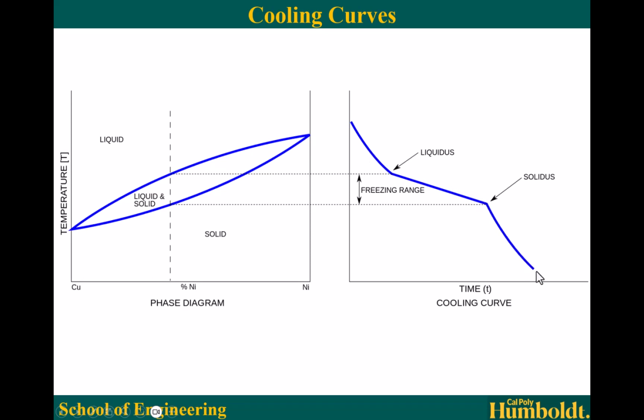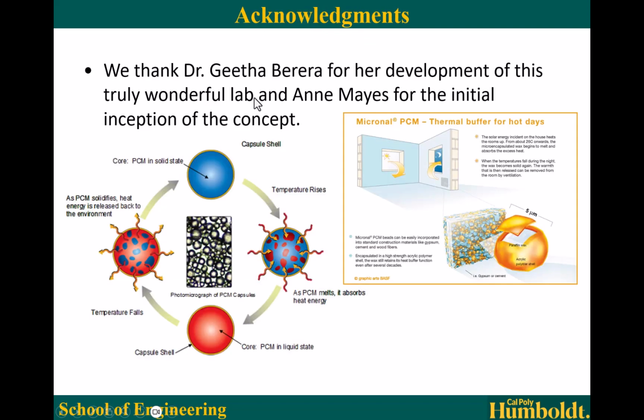Here's another change in slope here. So I can identify my liquidus and solidus. If I have a pure material, you may see a curve that looks straight, then one change in slope, and then it's very flat. So you may only see slope and then slope. Also, if you have an invariant point, you may observe this as well. So that's a hint for what you're going to do moving forward.